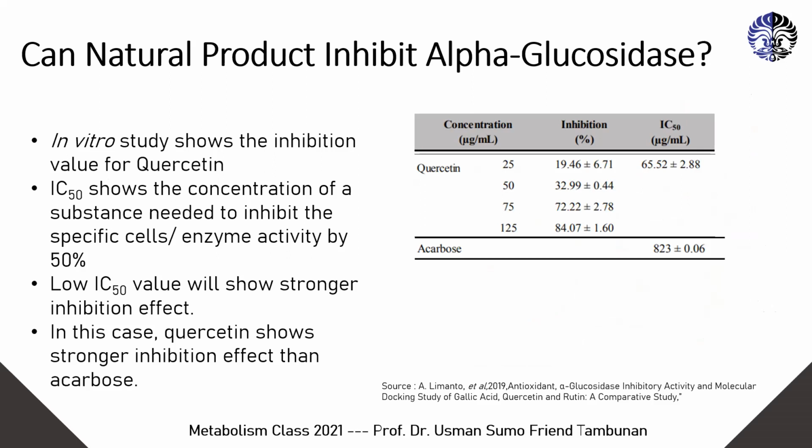IC50, which stands for inhibitory concentration, shows the concentration of a substance needed to inhibit specific cell or enzyme activity by 50%. A low IC50 value shows a stronger inhibition effect. In this case, quercetin shows a stronger inhibition effect than acarbose.